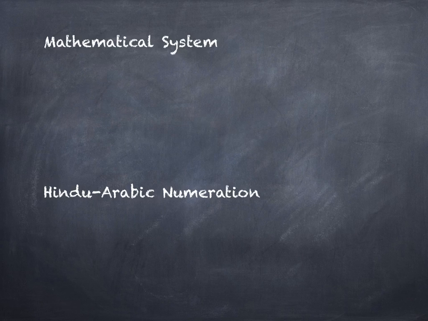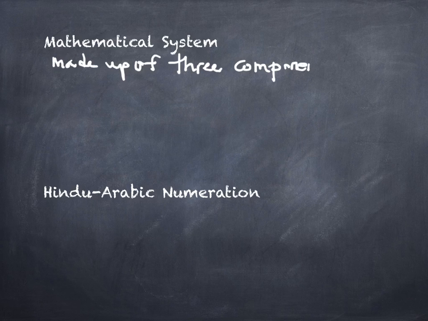All right, so a mathematical system is made up of 3 components. The first is a set of elements.